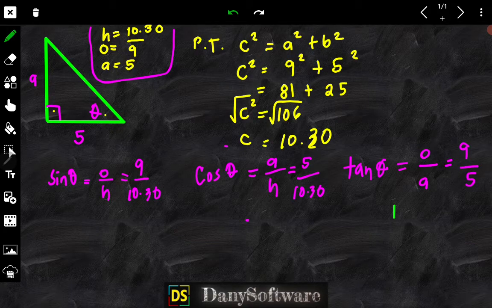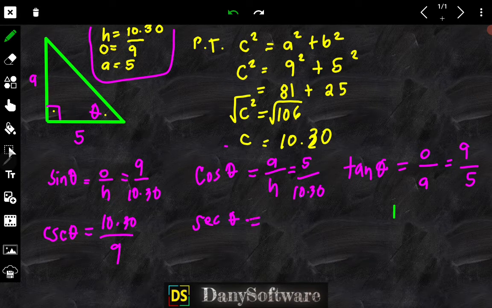Okay. So, katulad nung sinabi kong technique kanina, itapat mo na lang dun sa ka-reciprocal niya. Ang reciprocal ng sin theta ay si cosecant theta. Okay? So, yung 9 over 10.30, baliktarin mo lang siya, 10.30 over 9. Si cosine, ang kabaliktaran niya ay si secant theta.